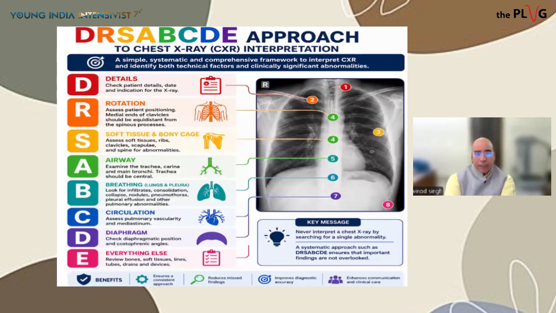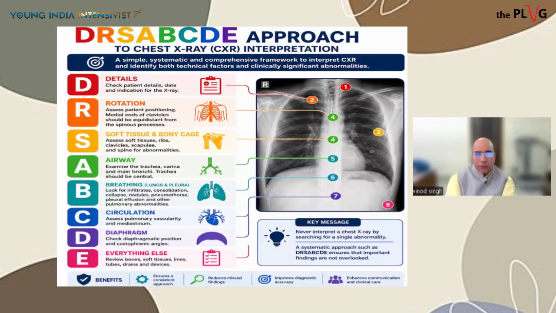So the first thing is how to approach the intensive care X-rays. Most of the ICU specialists use a DRS ABCD approach. D is the details, R is to look at the rotation, which is very difficult to find in AP view.